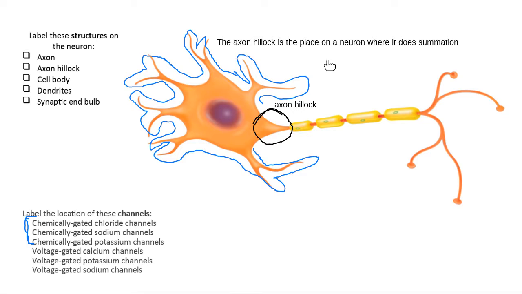When I do the process of summation, my goal is to get to threshold. Because what happens at threshold? What did we say happens at threshold?